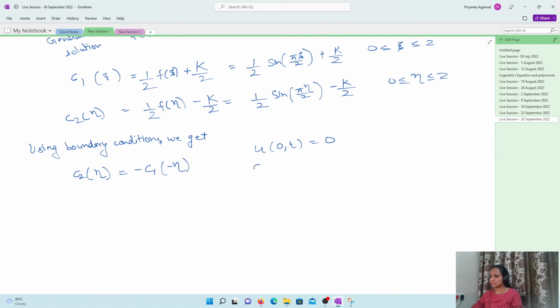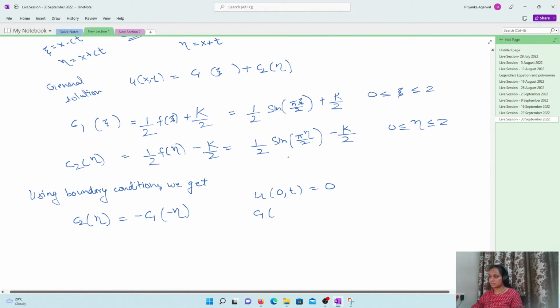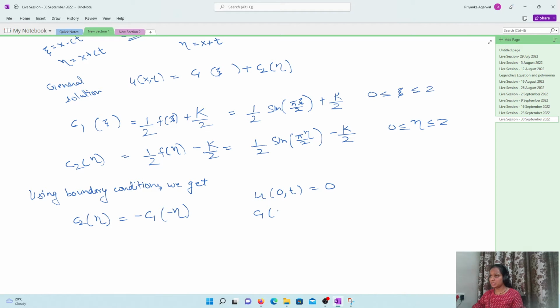So what do we have? C1 of xi, if we just put x equals 0, then it becomes C1 of minus ct plus C2 of ct equal to 0.